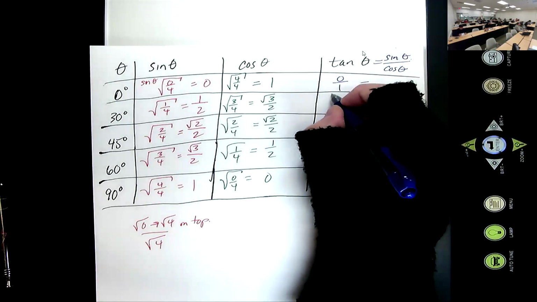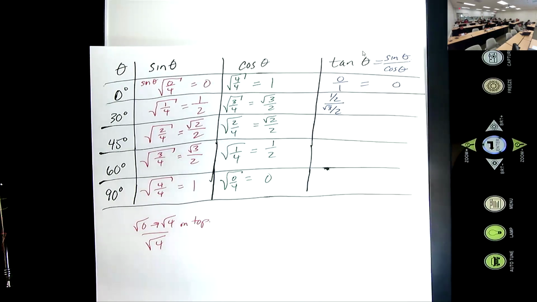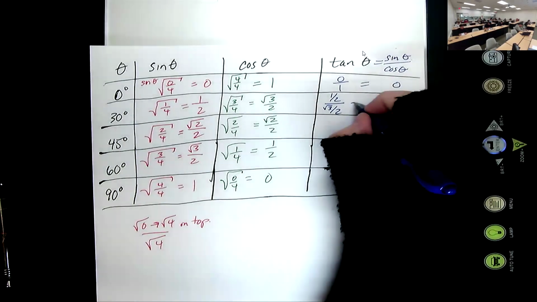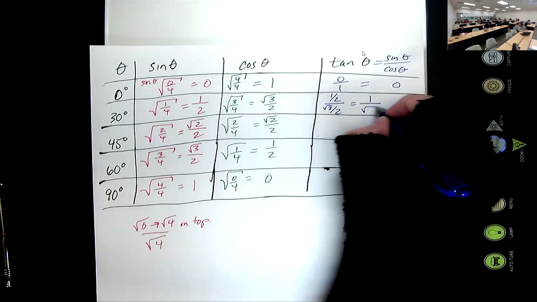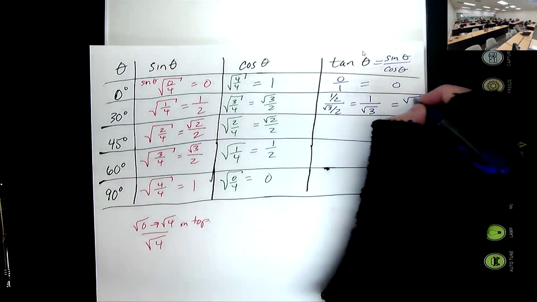This is 1/2 divided by square root of 3/2. If I multiply top and bottom by 2, I get 1 over square root of 3. And if I rationalize this, this is square root of 3/3.